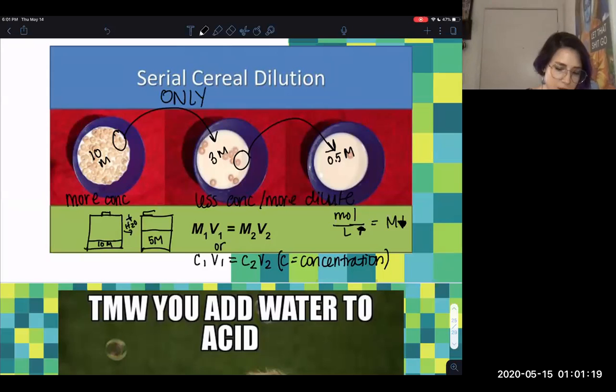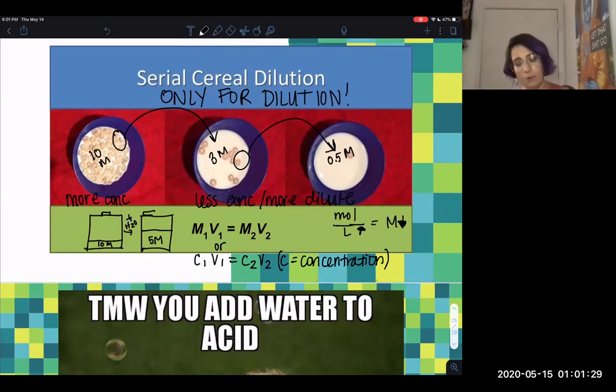Only for dilutions. How can I tell I'm doing a dilution and not doing something else where I need to break the molarity apart? If it's the same substance before and after.